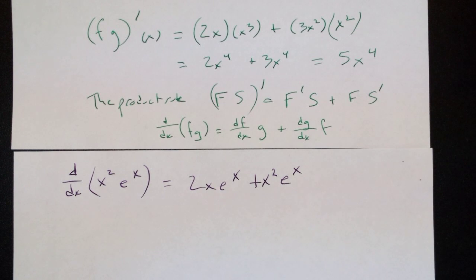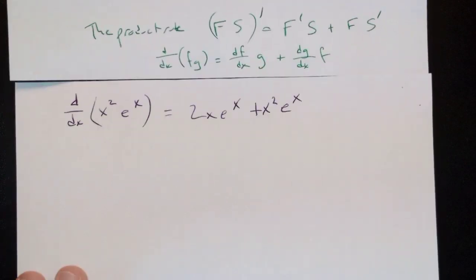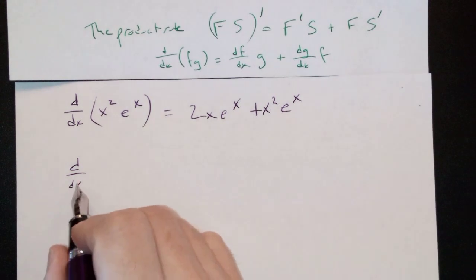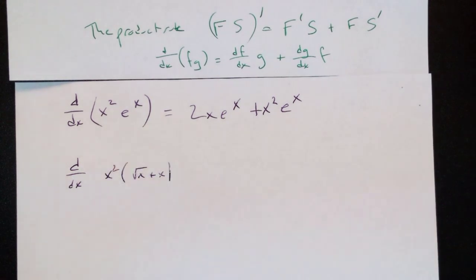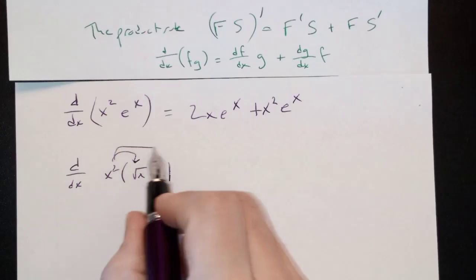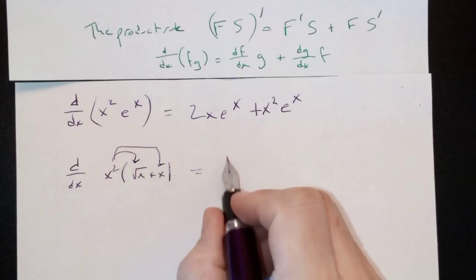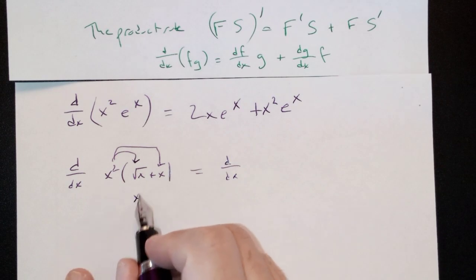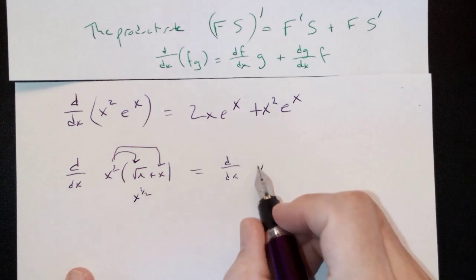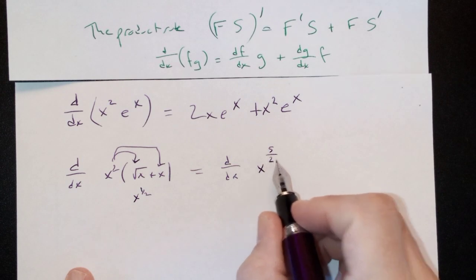You had a homework problem like this. And I said, the easiest way to do this is to multiply it in. And then I can say, oh, well, I'm really taking the derivative of, well, wait a minute, this is x to the 1/2, so that'll give me x to the 2.5.